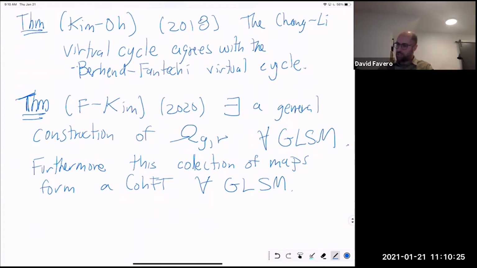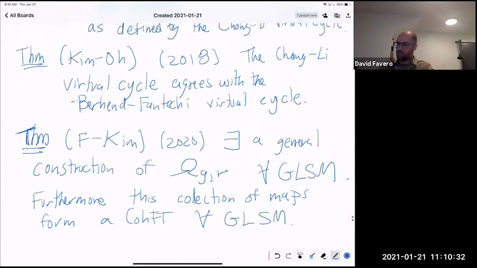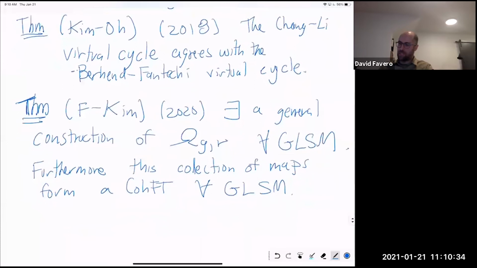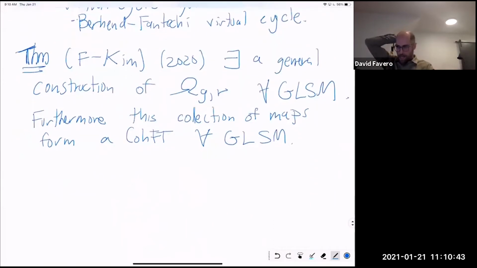But I would strongly conjecture, and hopefully it is not too difficult to prove, that this does agree with the previous construction, and hence with FJRW theory and Gromov-Witten theory, and it does give a CoFT. So it should be giving the same one.